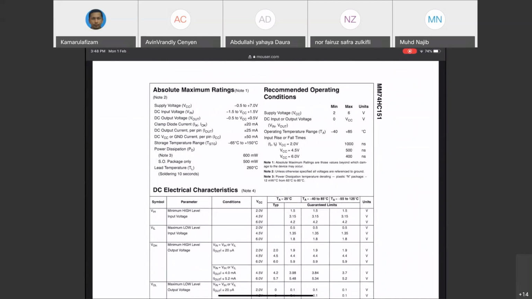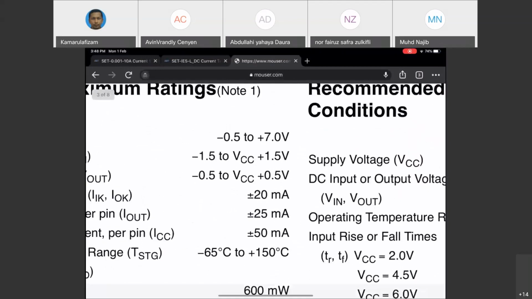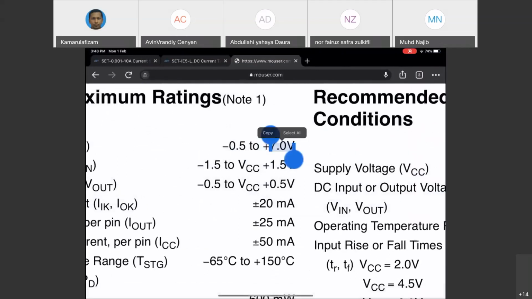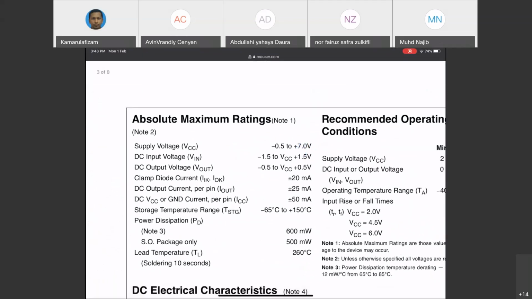Of course, they will always give the operating voltage, so that you can include this in your calculation. And for the DC input, this multiplexer only accepts a maximum range. The input voltage is from negative 1.5 to VCC plus 1.5.